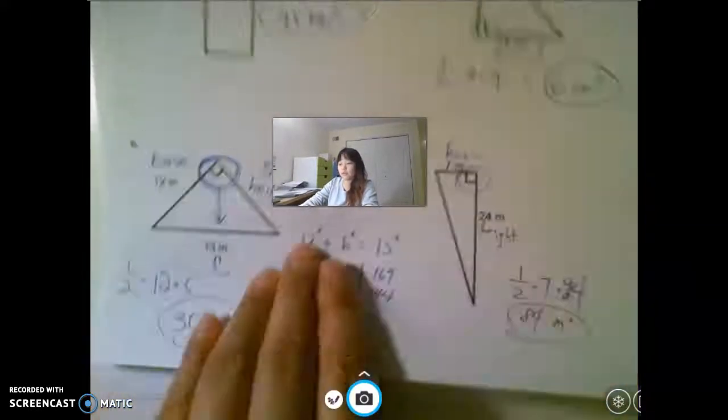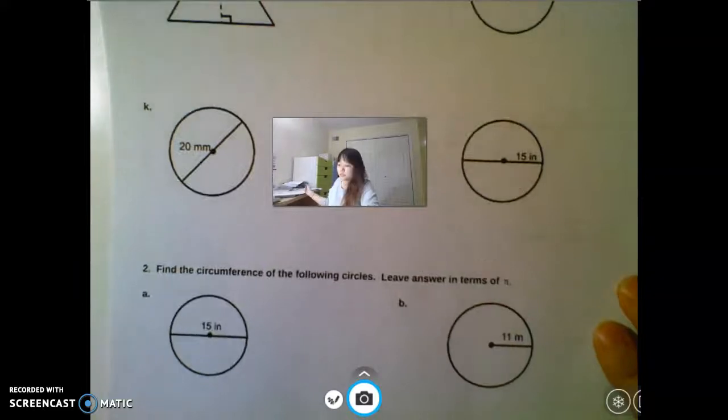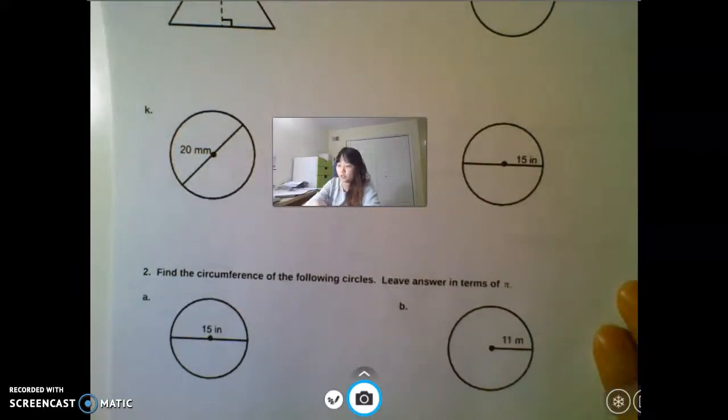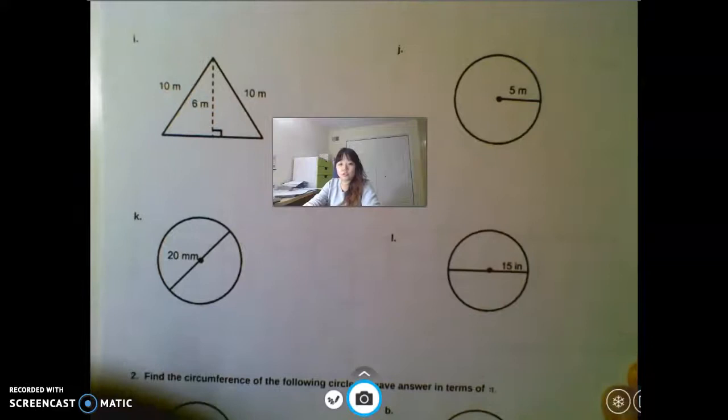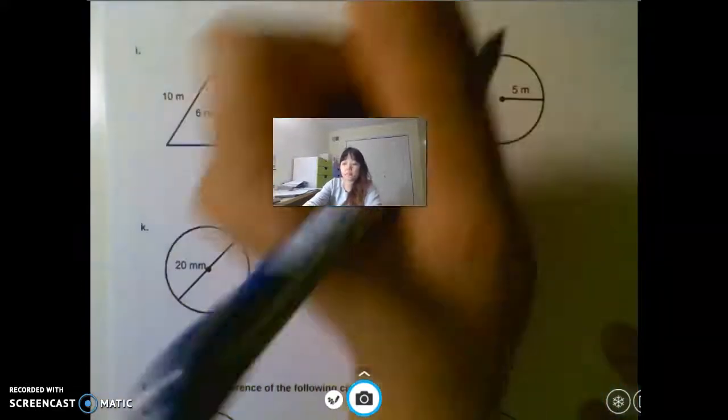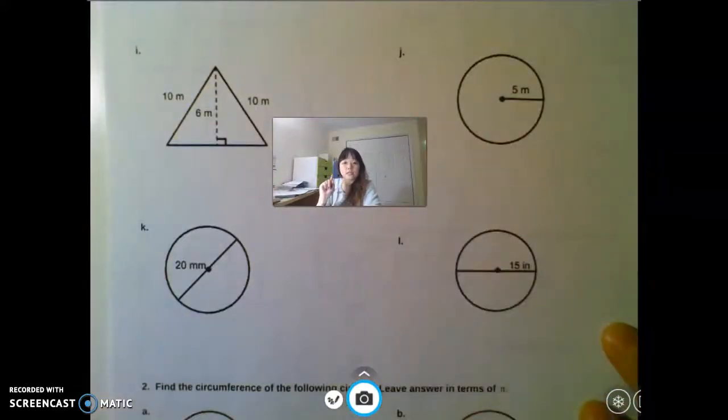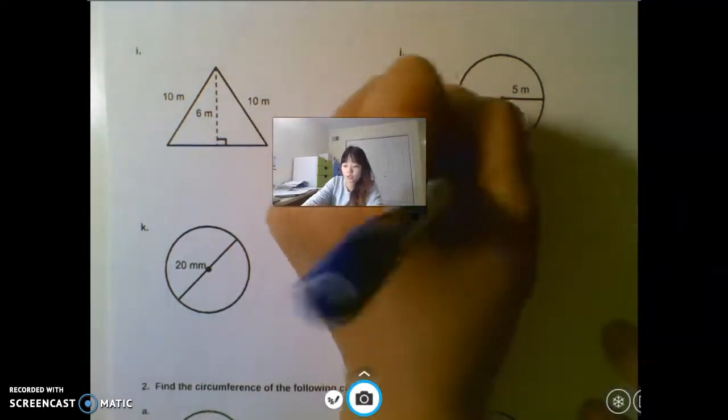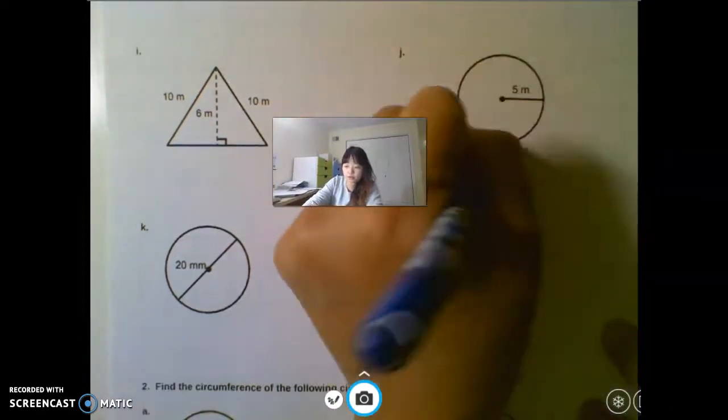All right. I want to get to the last page. I want to get through just the circle part. Okay, we are keeping everything in terms of pi. Don't you dare press pi in the calculator. No. We're keeping everything in terms of pi. So J, area is pi r squared, right?